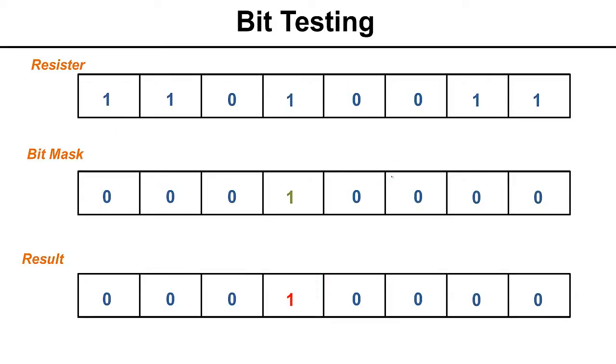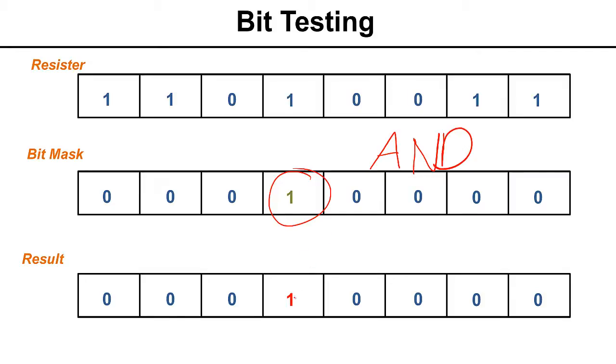So, now that's kind of an interesting way of doing masks. One last topic before we get back to the warp drive controller is on bit testing. What if instead of setting or clearing bits, we wanted to see if a bit is set or not in a register? Well, it's pretty simple. Define a bit mask with the bit you want to test, and then do a logical AND, not on the inverse of the mask, with the mask.